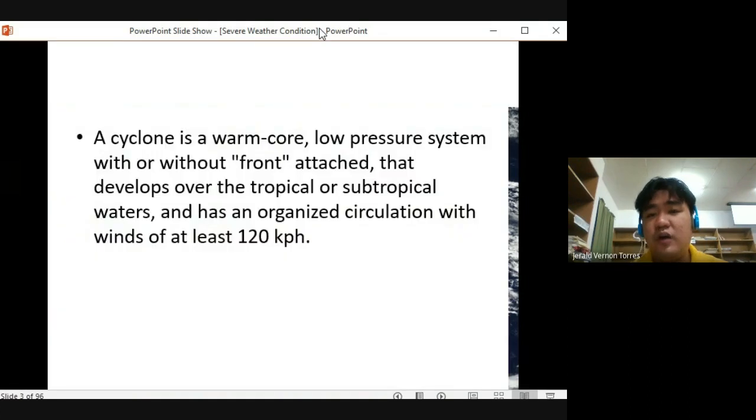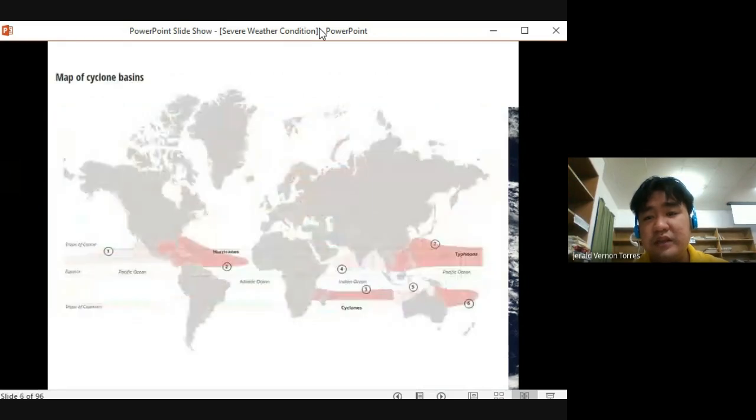So, for you to have an idea what I'm talking about, kindly look at this one. If you're looking at this, these are the different basins for hurricane, typhoon, and cyclone. Kung titignan niyo yung quadrant nito, makikita niyo na pag sa northeast nabuo, we have typhoon. Pag sa northwest nabuo yung low pressure condition mo, we have hurricane.